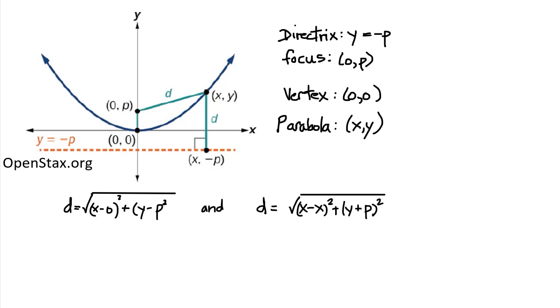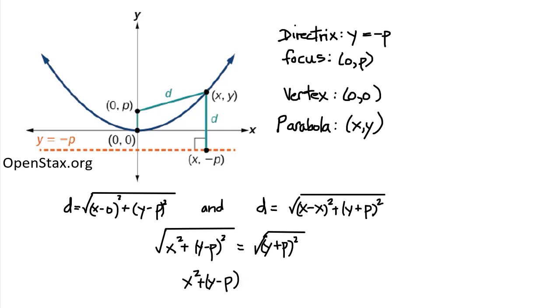We know these are the same distance, so we have the square root of x squared plus (y minus p) squared equals the square root of (y plus p) squared, which is just y plus p.